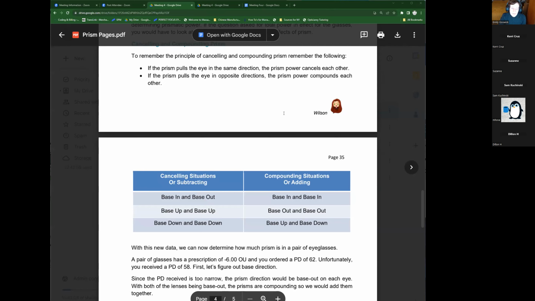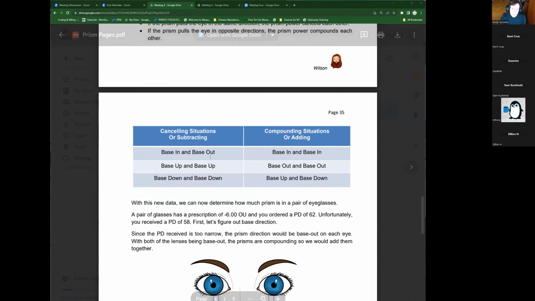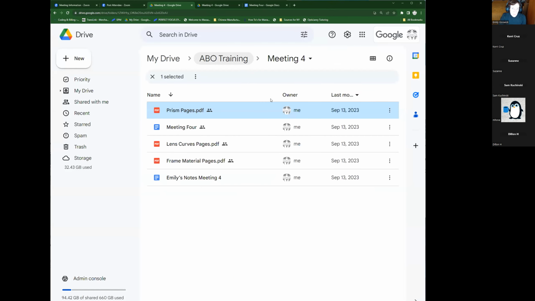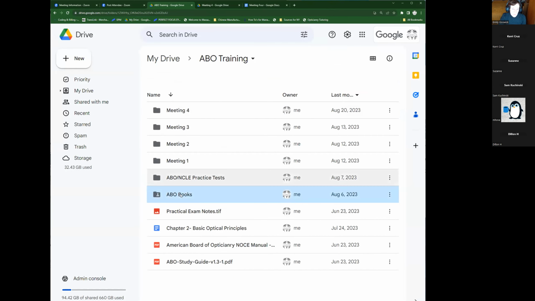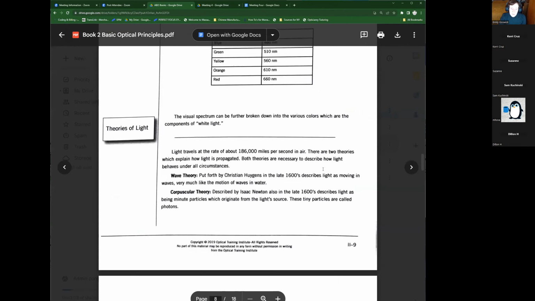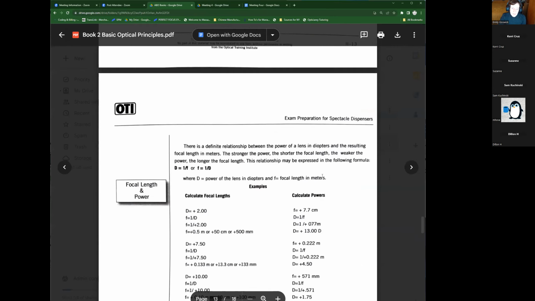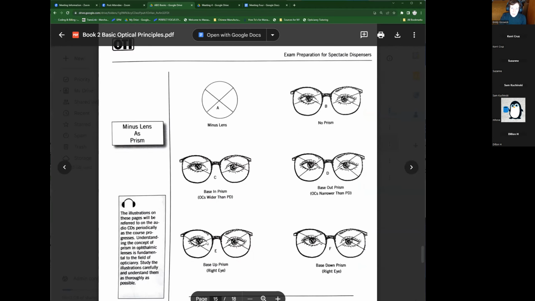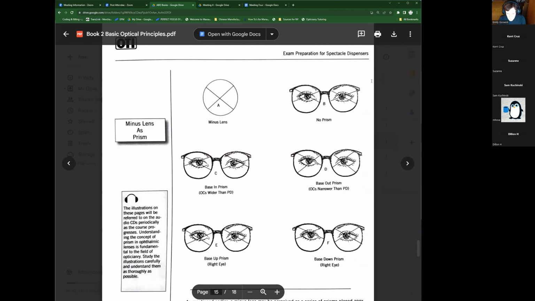Okay, this is what I was trying to show you, this picture here of the canceling and compounding. But the one that I wanted to go back to was the ABO books, and then go way down here. I just think these pictures are really nice examples of how to visualize the direction that the prism is going to be going in.